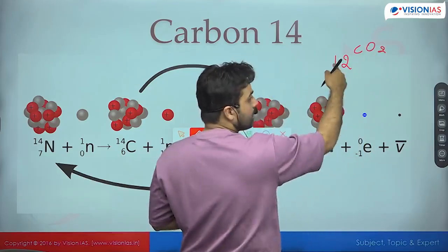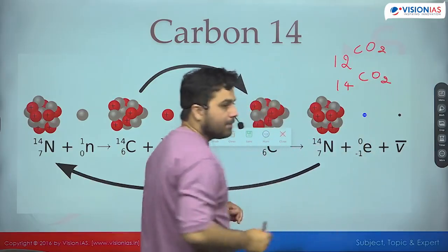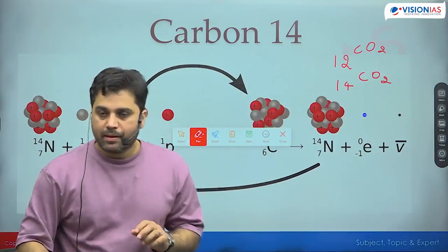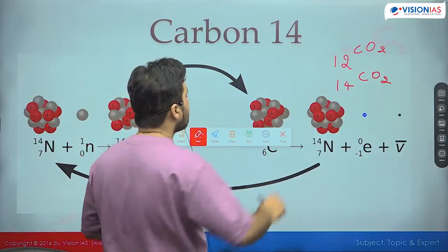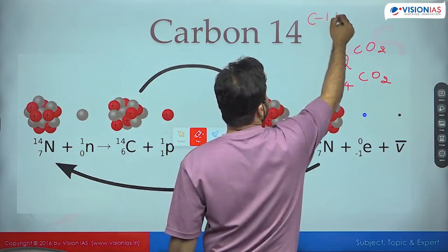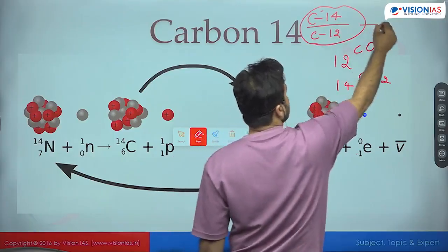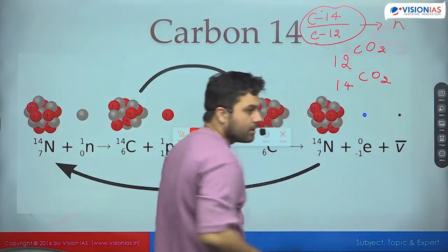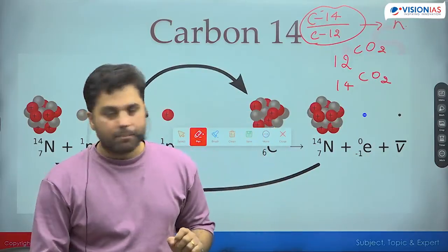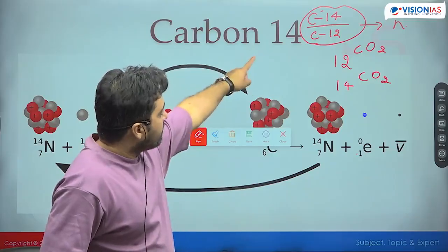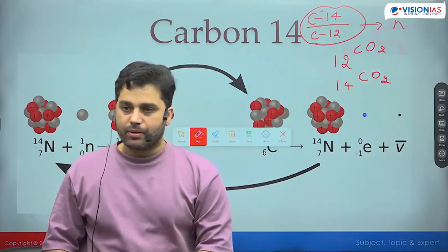Twelve here means the atomic mass of carbon. And plants cannot distinguish between carbon-12 and carbon-14. So whatever the ratio of carbon-14 divided by carbon-12, let's call this ratio n. N will be a very small value. It should be very clear that this n is a very, very small value. But whatever ratio is found in the atmosphere, the same ratio is found in plants also.